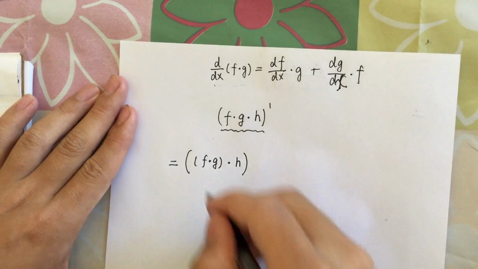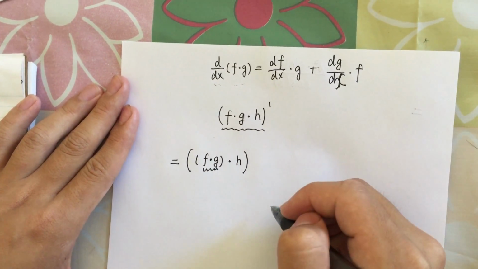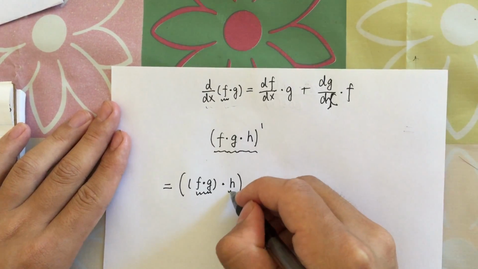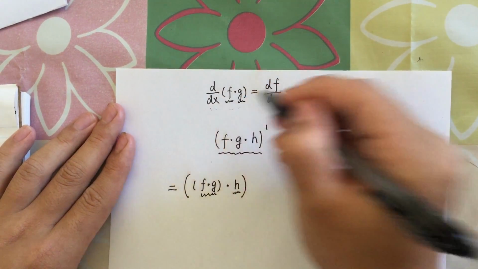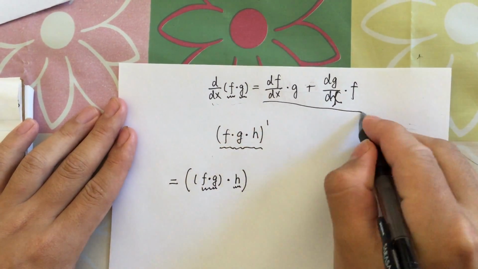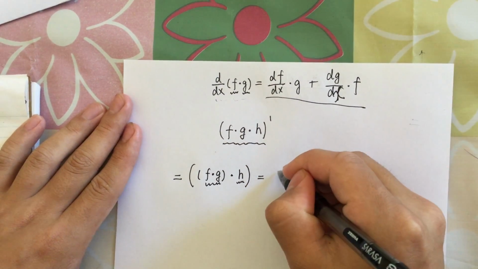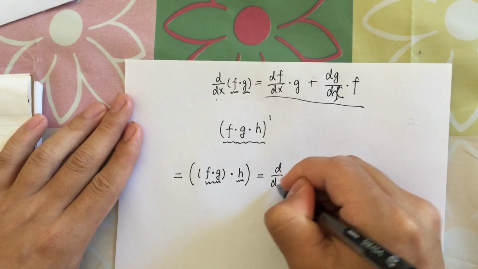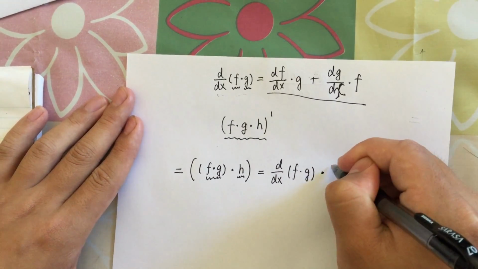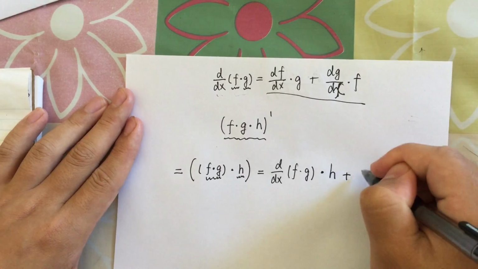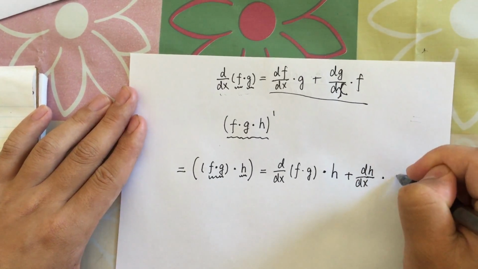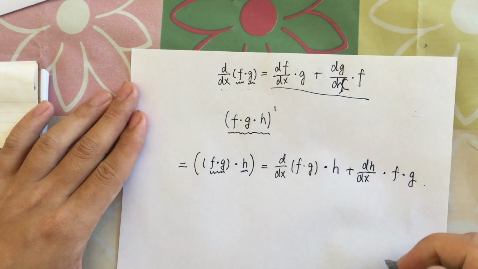In this case, we take f and g as the first function, and we take h as the second function. And we take the derivative as we have done before: the derivative of f times g times h plus the derivative of h times f times g.